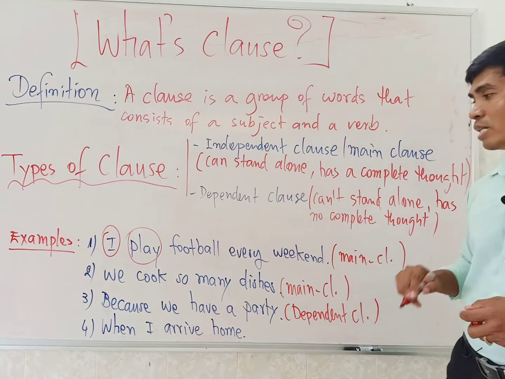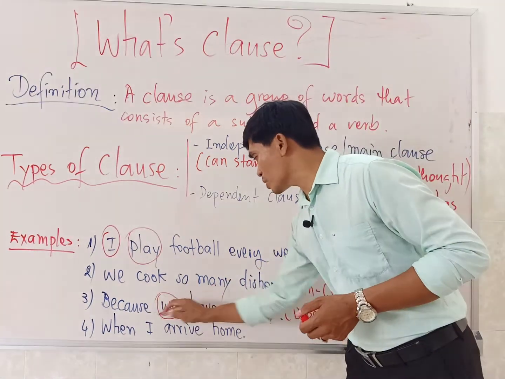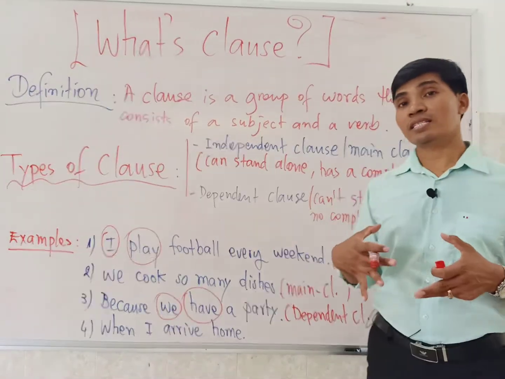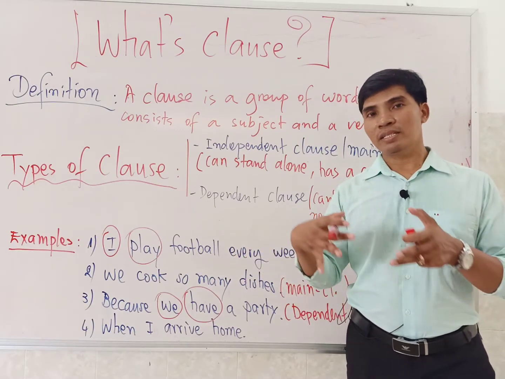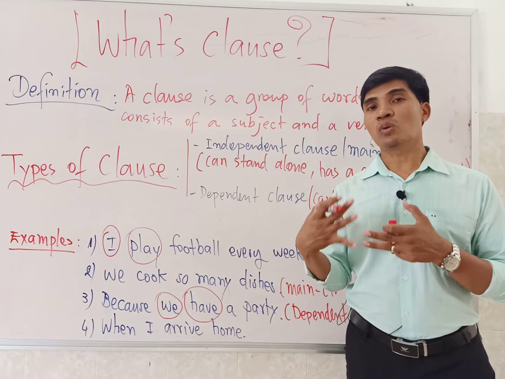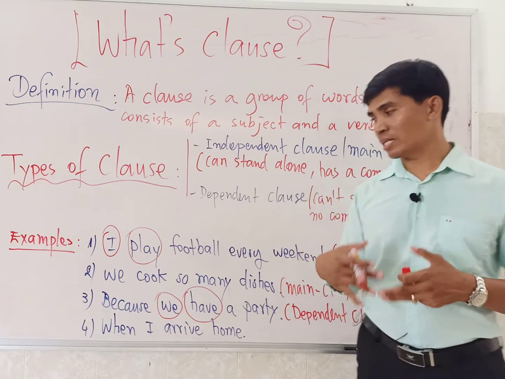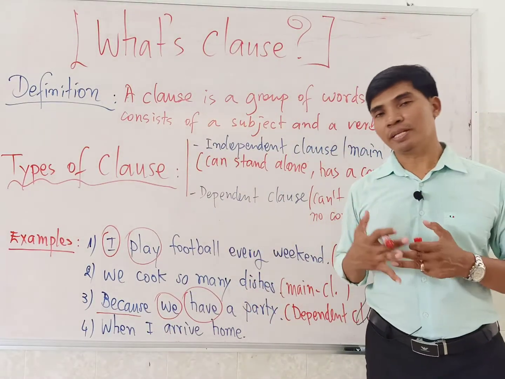It cannot stand alone, even though it has a subject and a verb, so it still does not have a complete thought. Remember, a dependent clause always begins with a subordinating conjunction like because.